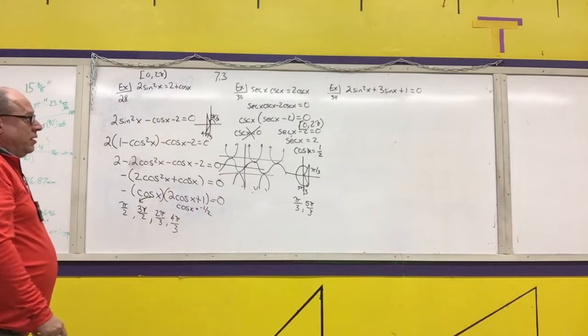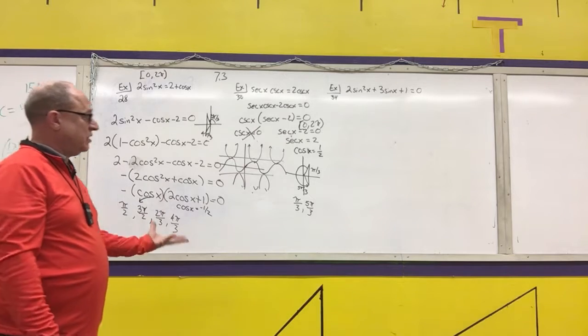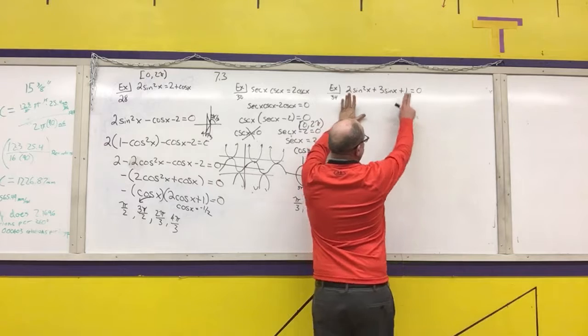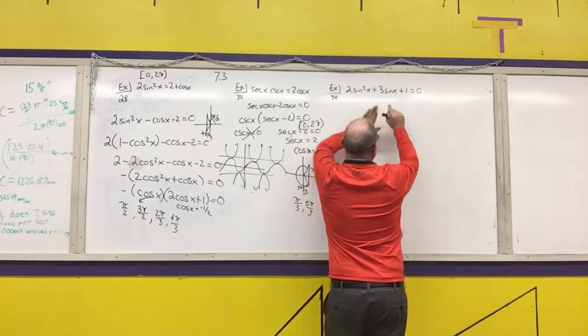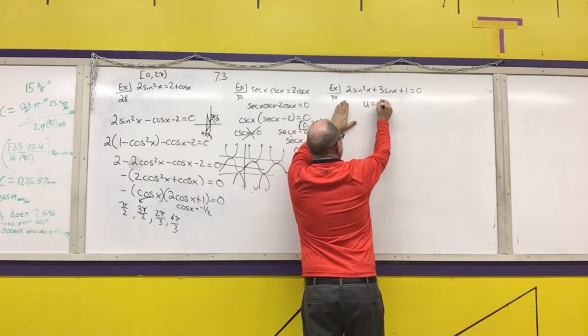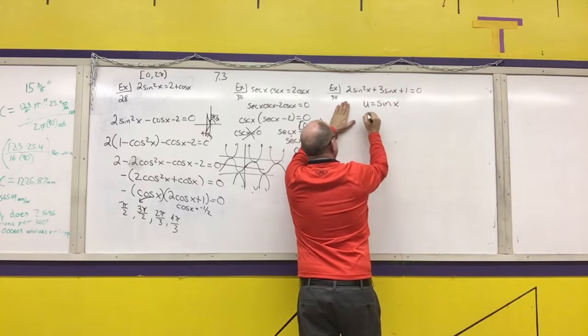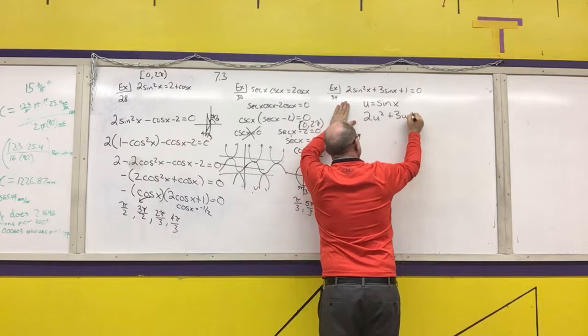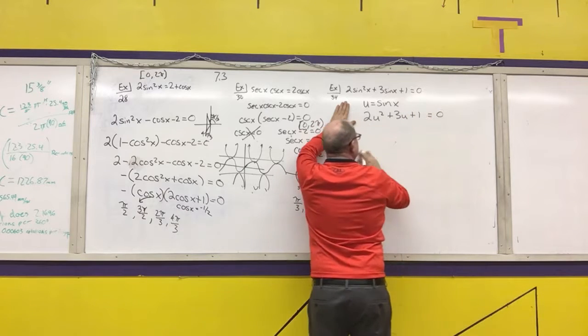And the last problem. Again, using 7.1 information. I'm going to factor this. I need two numbers that multiply to 2 that add to 3. Let's do a u substitution, and write u is equal to the sine of x. This may be easier for some of you. 2u squared plus 3u plus 1 equals 0.